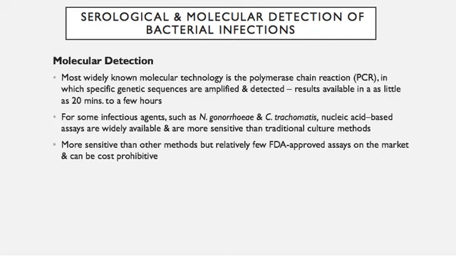I know most hospital labs now at least have, especially since COVID, have means of testing molecularly for COVID, RSV, maybe strep and flu. And then labs also have other molecular tests for other infectious agents too.